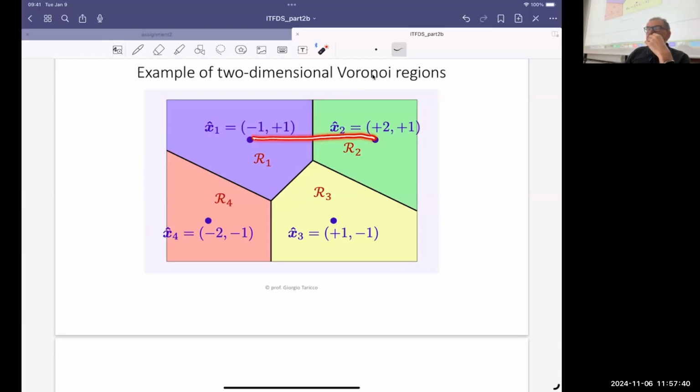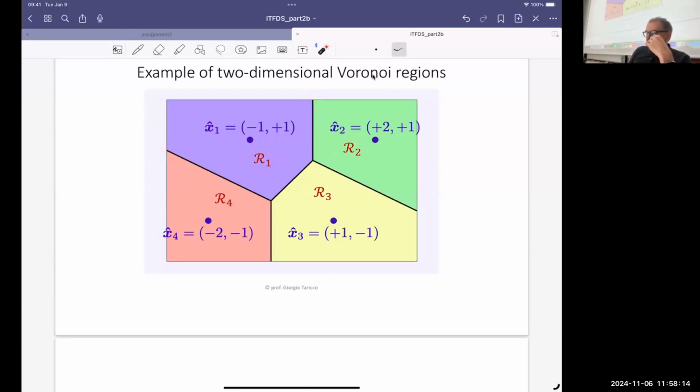So if we want to draw the Voronoi regions manually, we can just obtain geometrically the axes of the segments joining, for example, x1 hat with x2 hat, x3 hat, and x4 hat, and we obtain these three lines. And these three lines limit the Voronoi region R1.